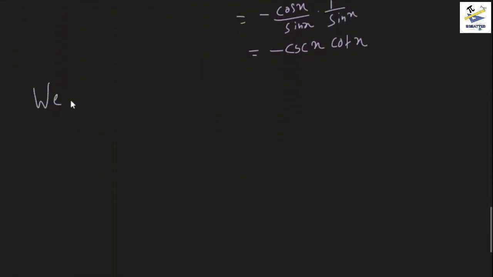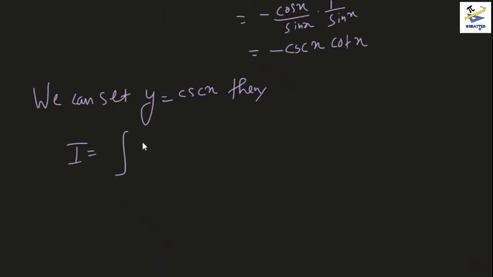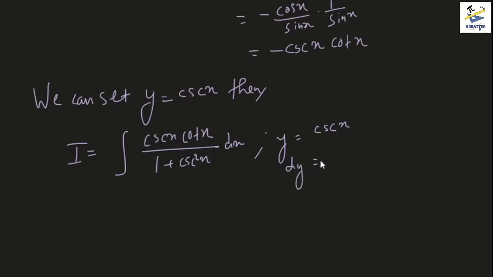So in our given problem, what we can do is set y equal to cosec x. Then I equals the integral of cosec x cot x by 1 plus cosec square x dx, and setting y equal to cosec x would mean dy would be equal to minus cosec x cot x dx.